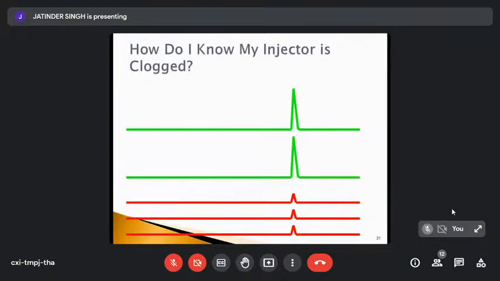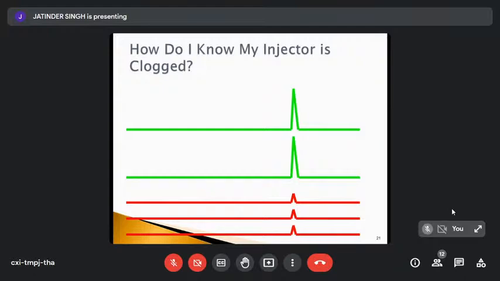Another thing, sometimes what happens, the injector of the column is clogged. We can know this if in the first run we get a bigger peak, and then the size of the peak keeps on decreasing. This happens when our injector is clogged.